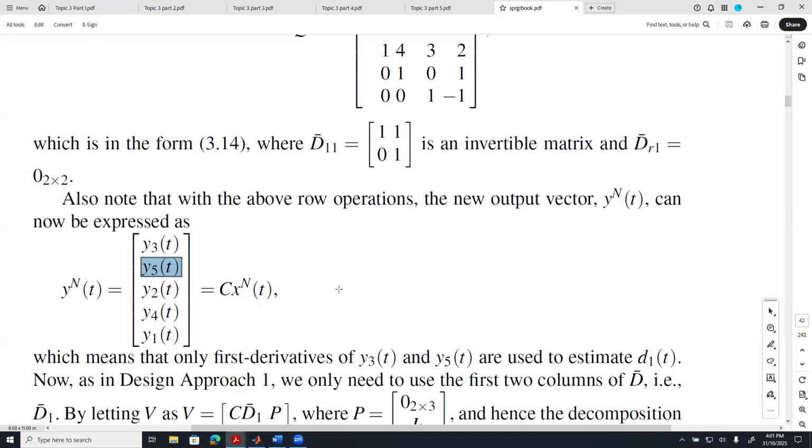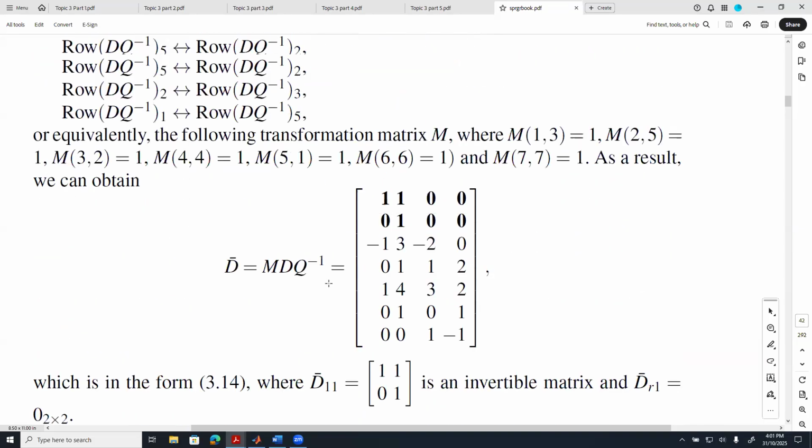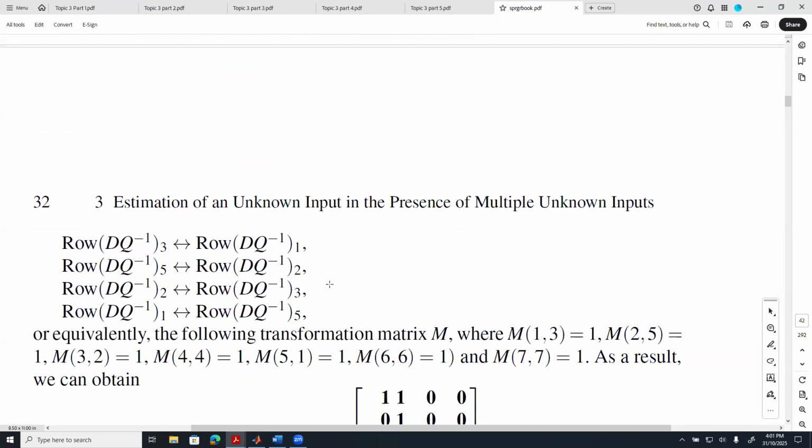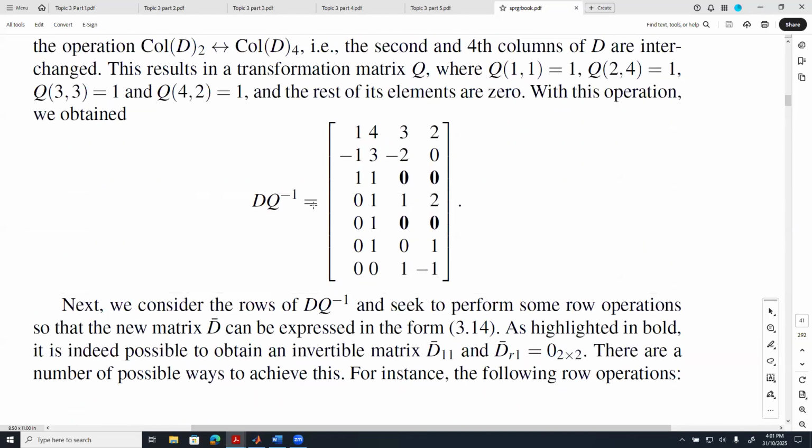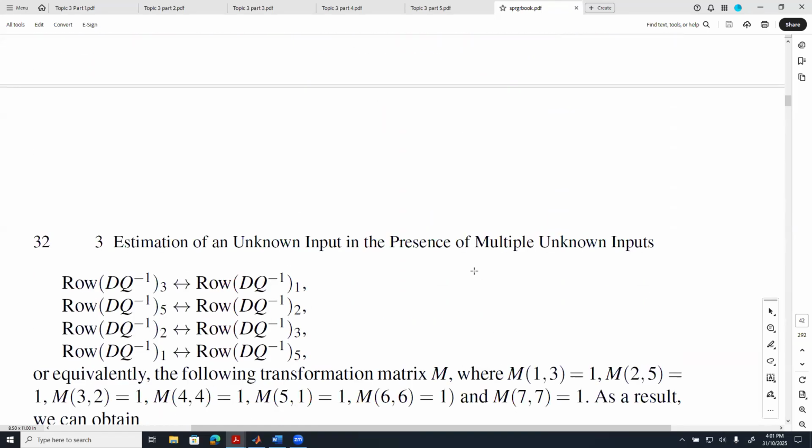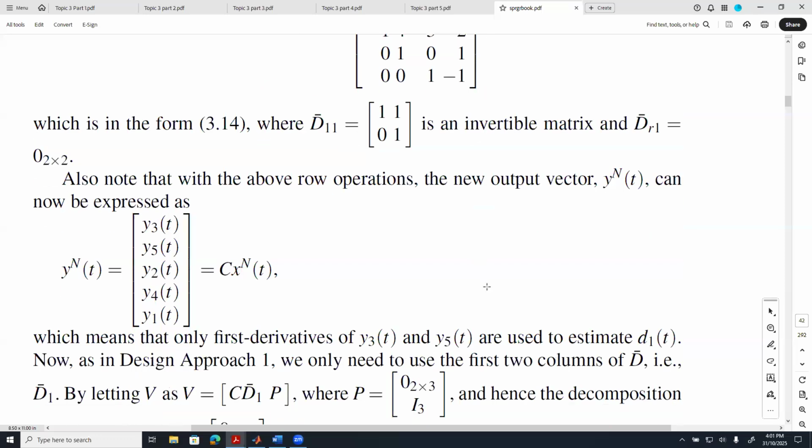That's where we rearrange that row, which is number 3, into 1, and row number 5, which is output measurement number 5, into number 2, and therefore we obtain the new arrangement for the output measurement vector.